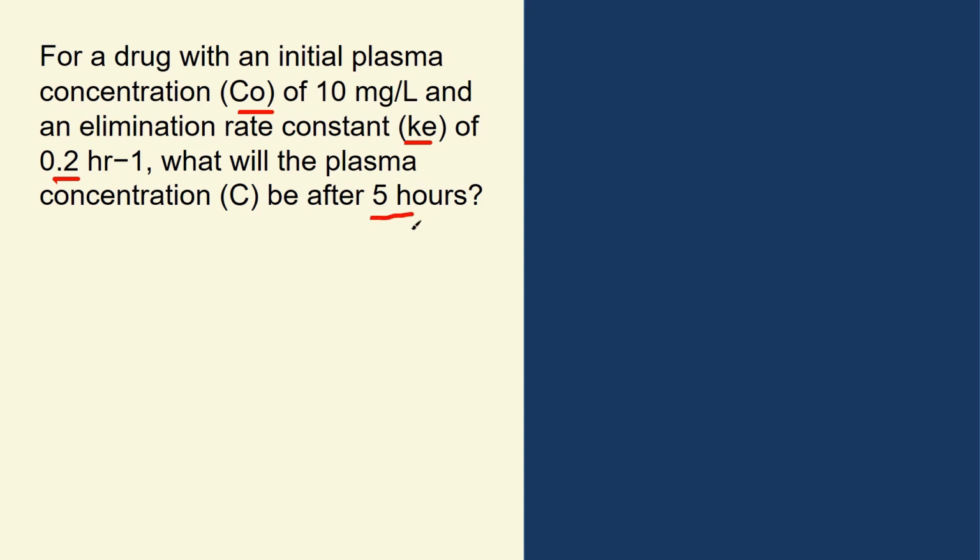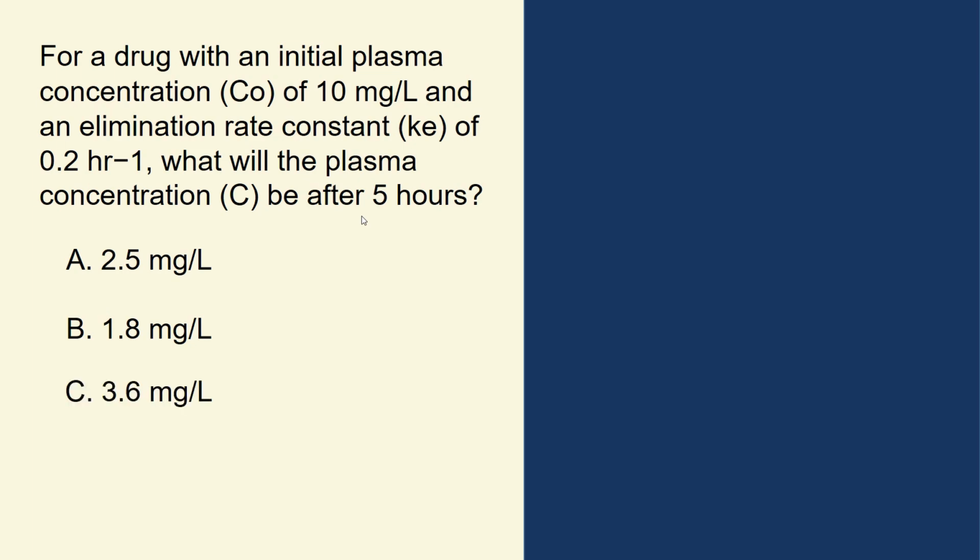So here you have the initial plasma concentration, the elimination rate constant, and the time of 5 hours. Utilizing that, you can calculate this. The options are A, 2.5 milligrams per liter; B, 1.8 milligrams per liter; C, 3.6 milligrams per liter; and D, 4.2 milligrams per liter.